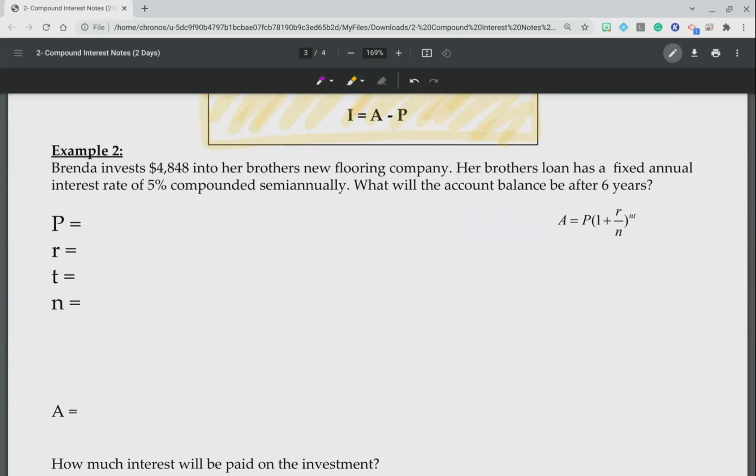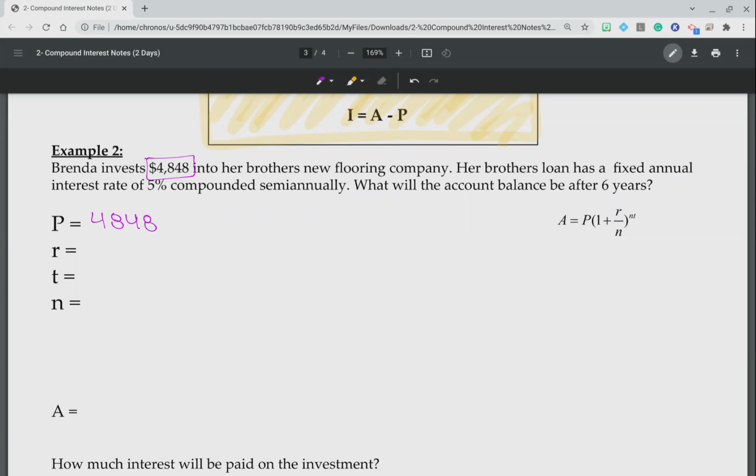It says Brenda invests $4,848 in her brother's new flooring company. Her brother's loan has a fixed annual interest rate of 5%, compounded semi-annually. What will the account balance be after 6 years? All right, so reading through the problem, here is our principal.